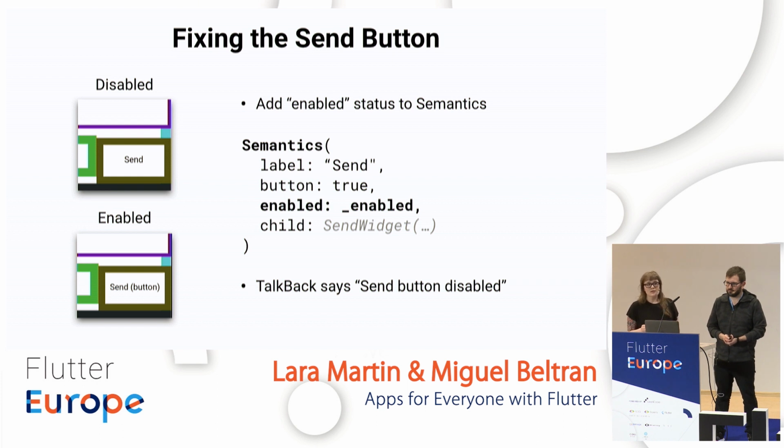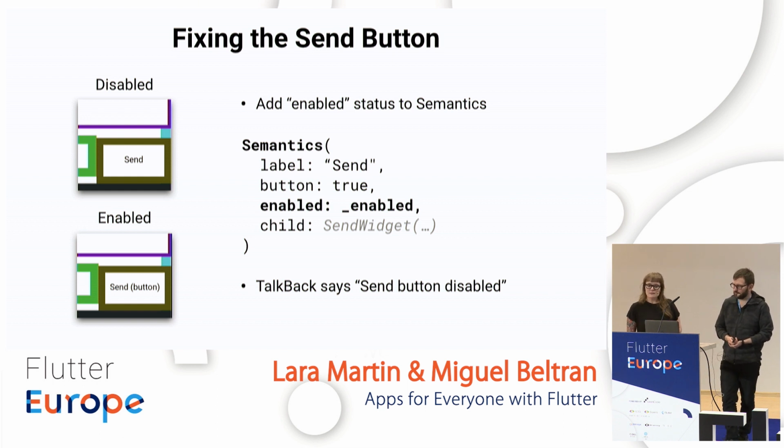And then we also use another property from the Semantics widget, which is called enabled, where we pass a Boolean that will basically inform whether the button is enabled or not. So on the slides you see on the top the button as disabled and the second image as enabled, sorry. And you see the differences on what it will read.